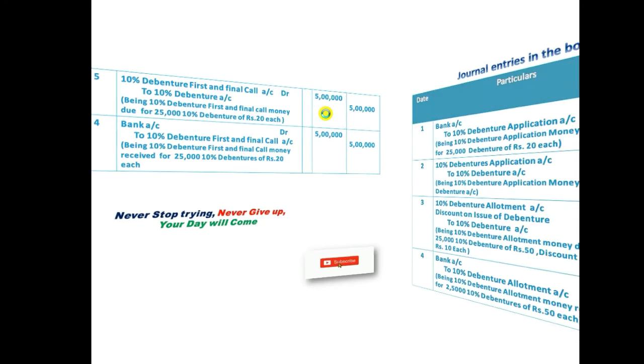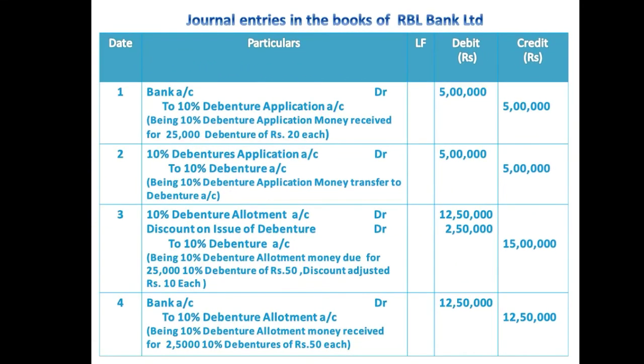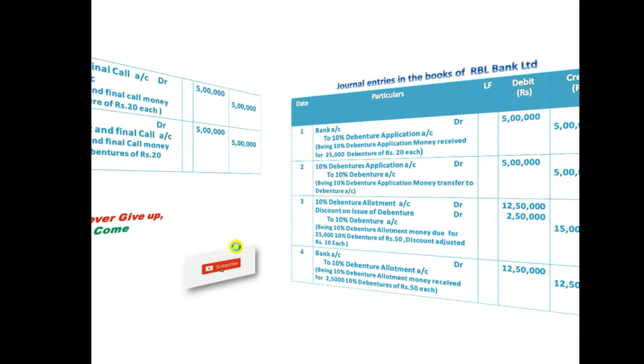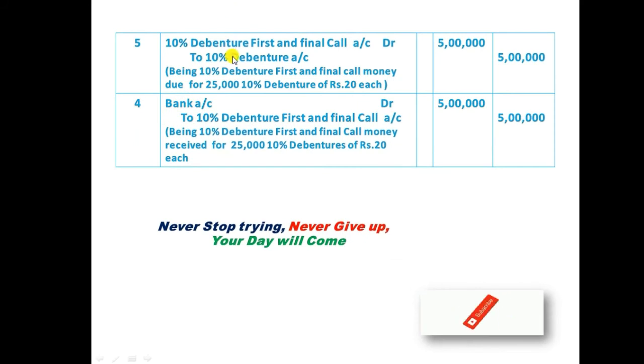And the transfer entries are also the same. Here application money transferred to debenture account, and here debenture allotment money transferred to debenture account, and also in the third installment first and final call money transferred to debenture account. So in all three entries we need to credit the debenture, and when we debit we need to debit the various installments.